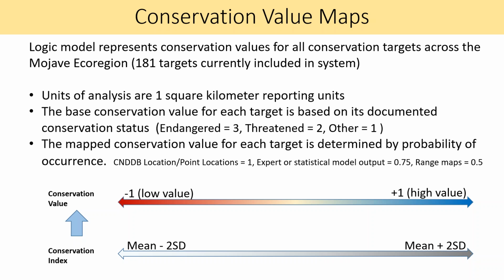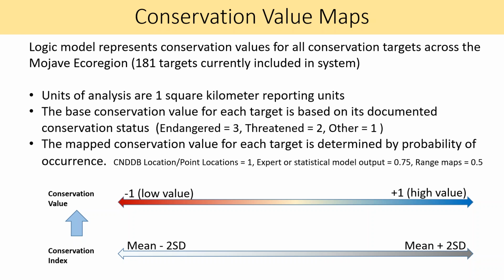We started by just looking at the legal status, but through input we've gotten from multiple sources, we're going to change that to not have the conservation value associated with the legal status, which is more of a political process, but more of a conservation value with the G ranks and the S ranks and all the different factors that go in there. So this is being changed.